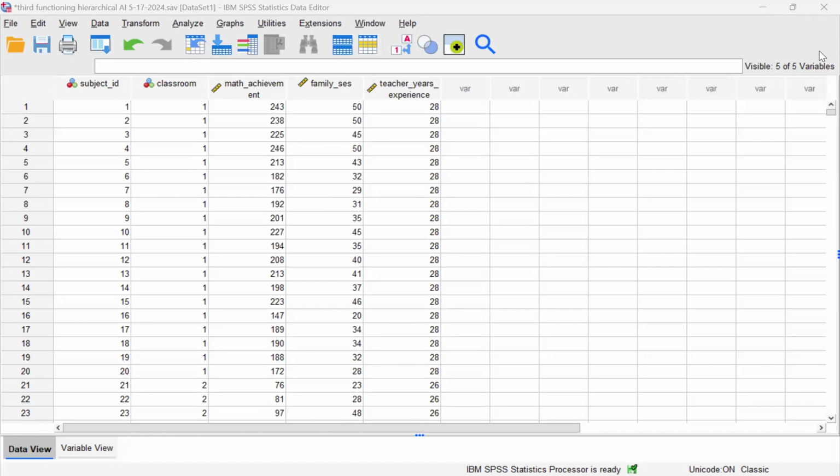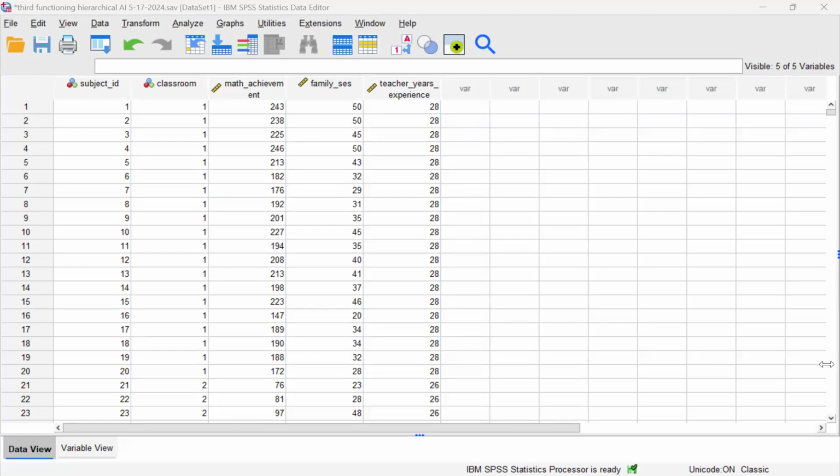We're expecting now 4 parameters because we have gamma naught naught, the grand intercept, gamma 1 naught, family SES, our first predictor, we will maintain U naught J, and we will maintain EIJ in the combined equation, but we'll only get the variance terms for those stochastic components. We should get 4 parameters, which is what we have.